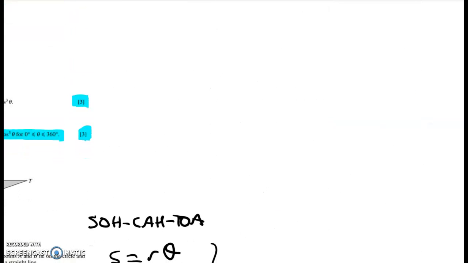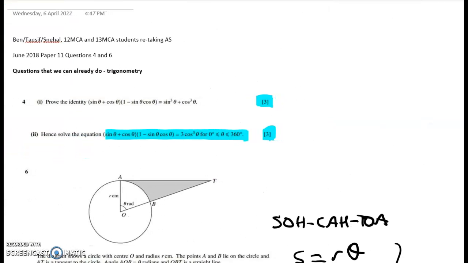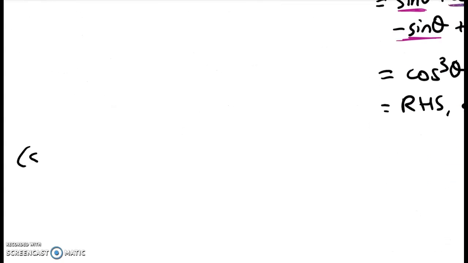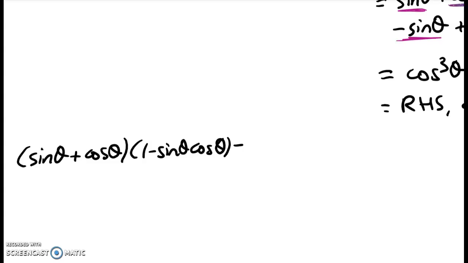Now, in the second part of that question, we have to use this to solve this. So we'll just start out by saying that this, sine theta plus cos theta into 1 minus sine theta cos theta, is equal to sine cubed theta plus cos cubed theta.